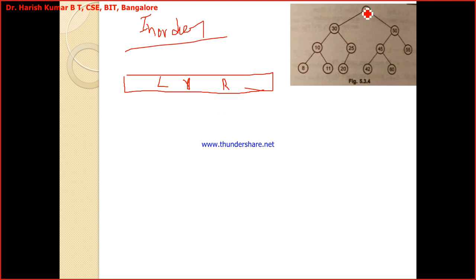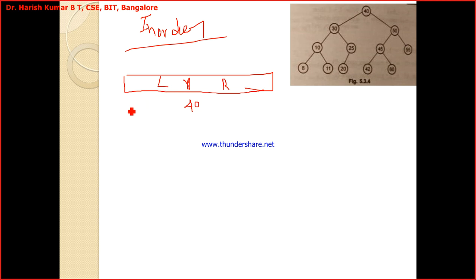Okay. Now what is the root? Tell me. Root of this entire tree. 40. So this small r value is now 40. Correct, no? Now whether 40 has got the left subtree? Yes, sir.